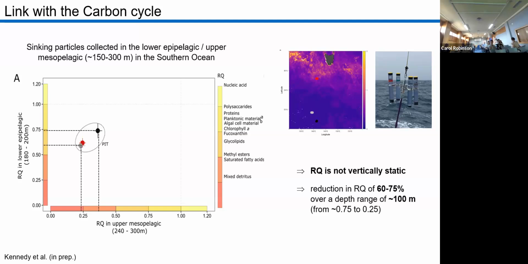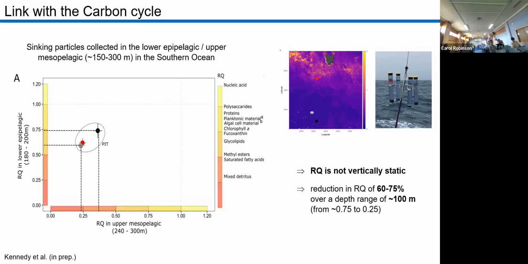So here you have the RQ in what we call the lower epipelagic, above 200 meter depth, and the RQ 100 meters below, in what we call the upper mesopelagic, between 250 and 300 meter depth.